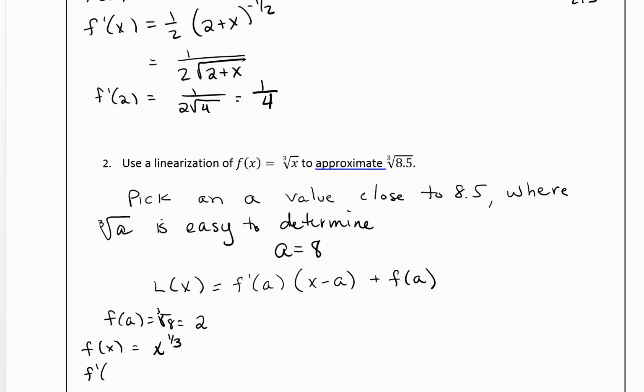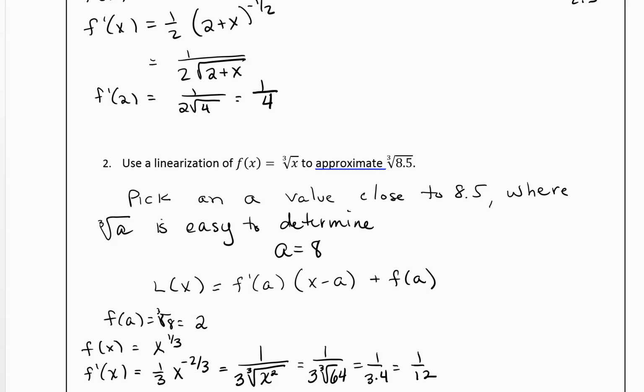So our derivative is 1/3 x to the negative 2/3, which is the same as 1 over 3 times the cube root of x squared. So if we put in 8, we'd have 1 over 3 the cube root of 64. And the cube root of 64 is 4. So we'd have 1 over 3 times 4, which would be 1/12.